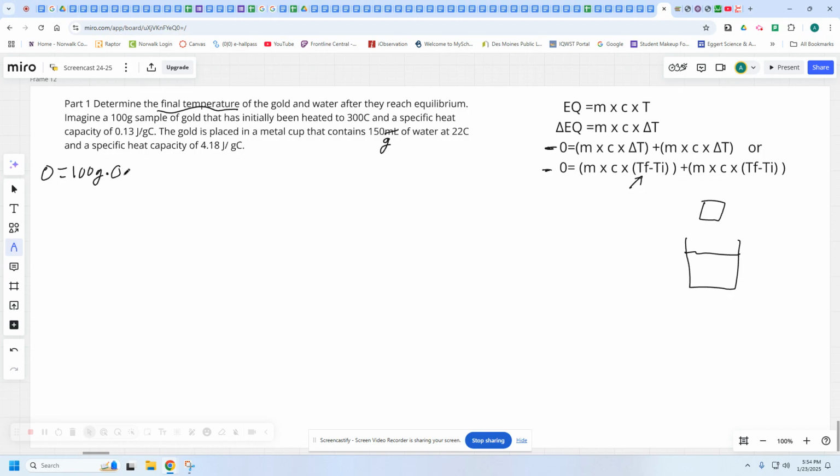The specific heat capacity of gold is approximately 0.13 joules for every gram Celsius. I don't know temp final, so we're going to do a little substitution. Temp initial is 300 degrees Celsius. Again, if the problem specified doing it in Kelvin, you would want to change these to Kelvin.